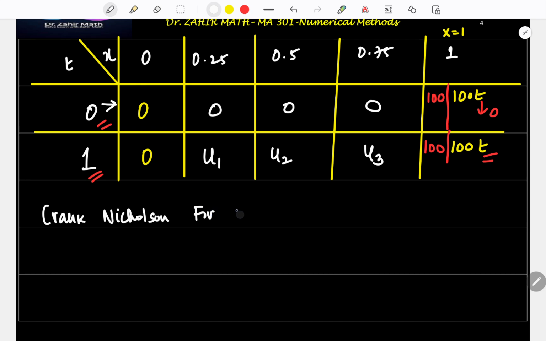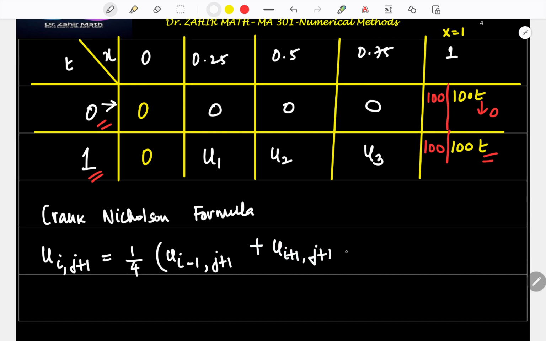It is so easy to remember, as I told you in the last video: u of i comma j plus 1 is equal to 1 by 4 times the left side u i minus 1 comma j plus 1 plus the right side u i plus 1 comma j plus 1, then plus u i minus 1 comma j plus u i plus 1 comma j.